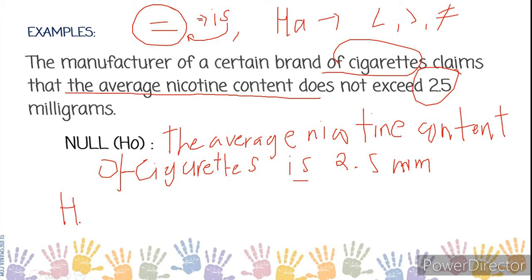Then, punta tayo sa HA naman. Kapag sa HA naman, ang sagot dyan is the average nicotine content of cigarettes is less than 2.5 or does not exceed pala no, so does not exceed, so ang gagamitin natin is less than.